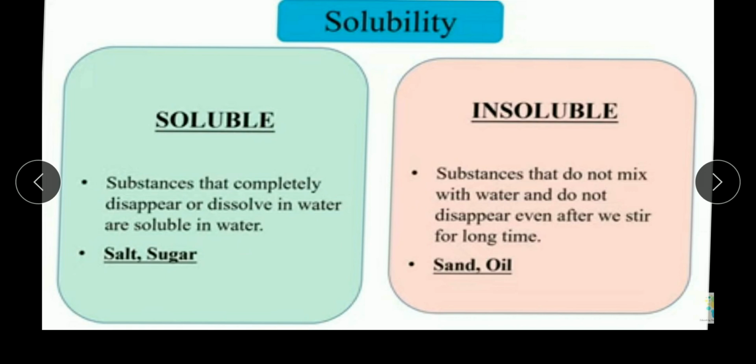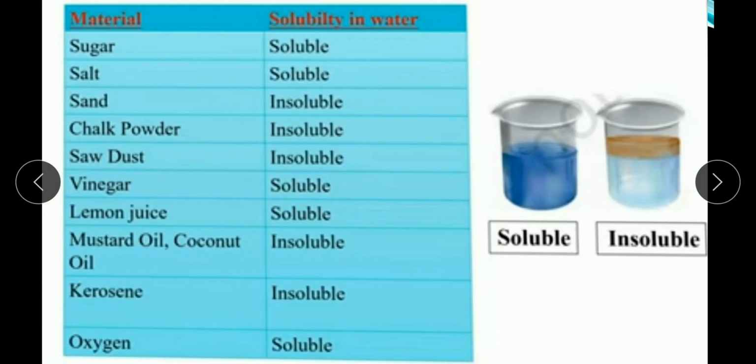For example, sand, oil. Insoluble material कौन से होते हैं? वो substances जो पानी में dissolve नहीं होते, disappear नहीं होते, उन्हें हम insoluble material कहते हैं, जैसे कि sand, oil, etc.